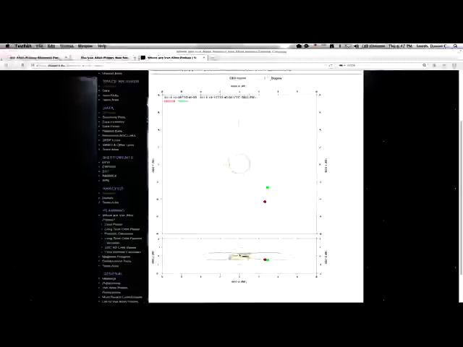But when you get out to apogee, they're moving slower. That's a standard thing that happens in orbital dynamics. And so they end up going the other way, and you get this sort of figure eight.